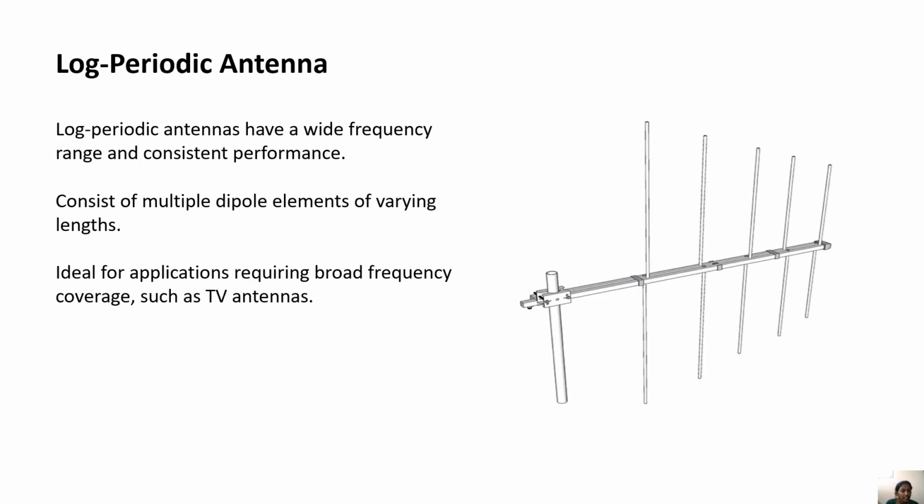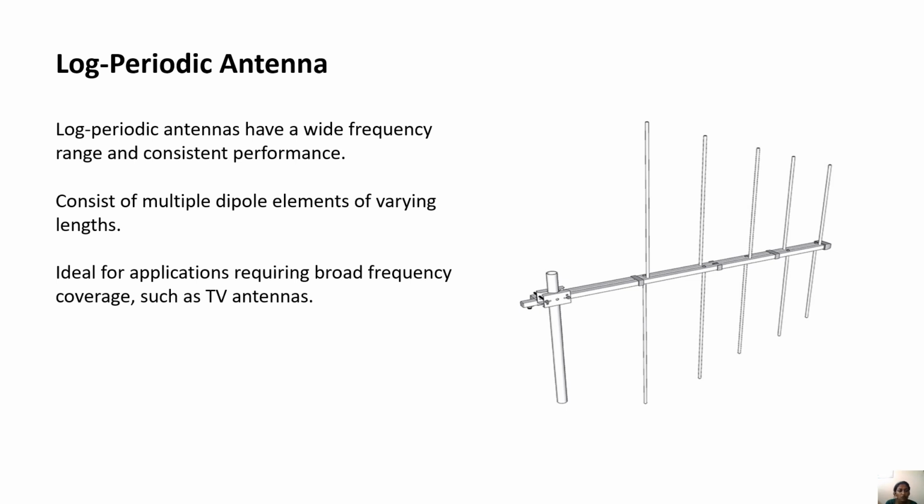A log periodic antenna is also named a log periodic array. It has a wide frequency range and consistent performance. It consists of multiple dipole elements with varying lengths. It is a multiple element directional narrow beam antenna that works over a wide range of frequencies.